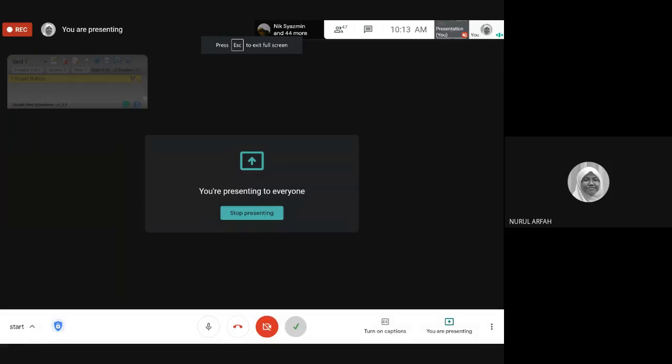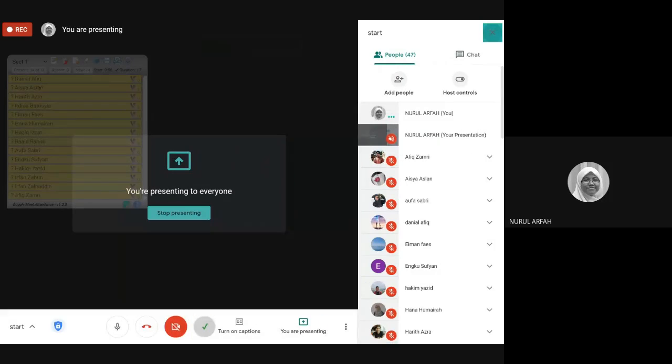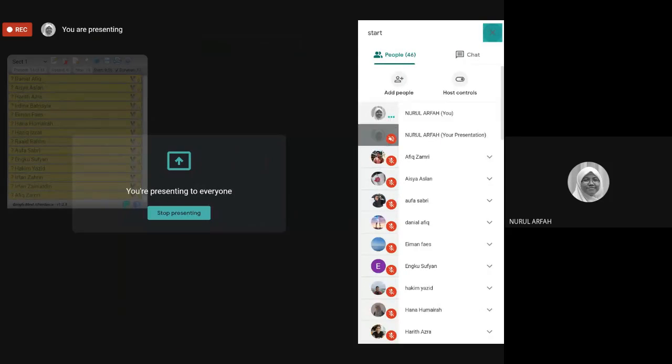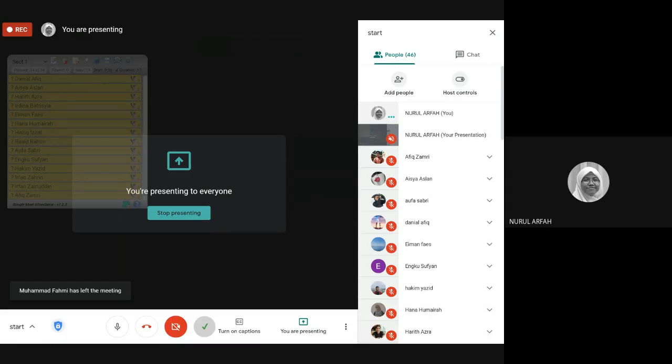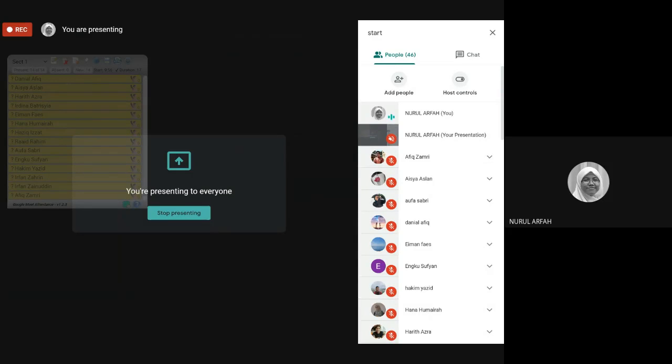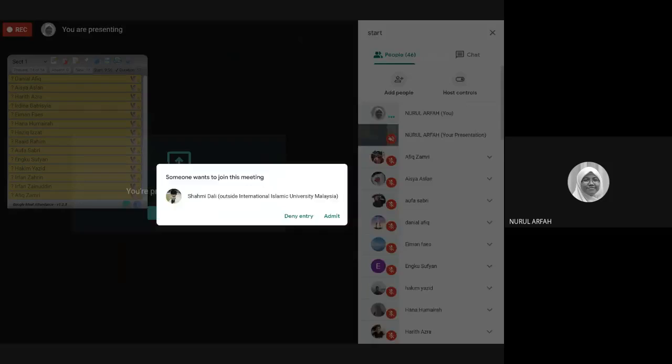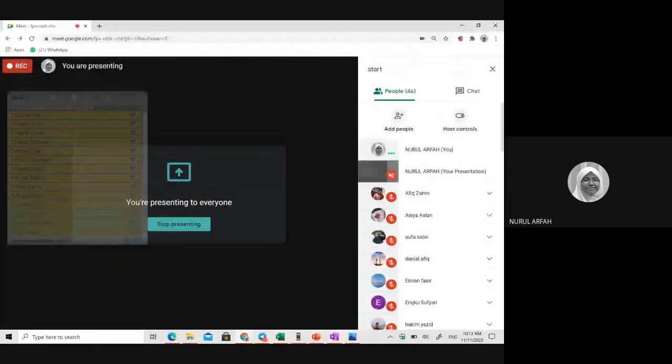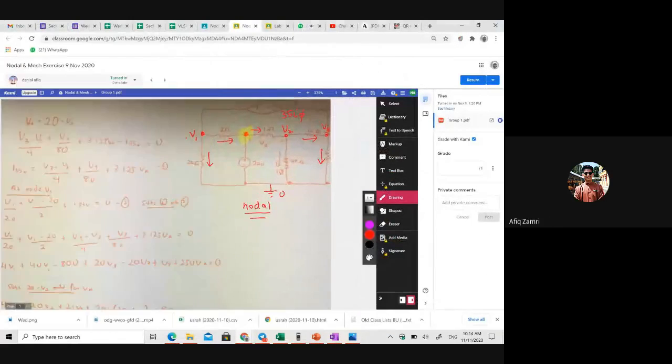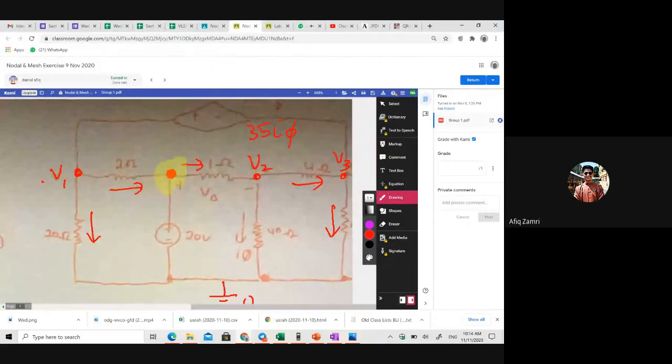Brothers and sisters? Afiq, what do you think at that node? What is the value for the node I pointed just now? Afiq? What is the value here? The yellow color here.